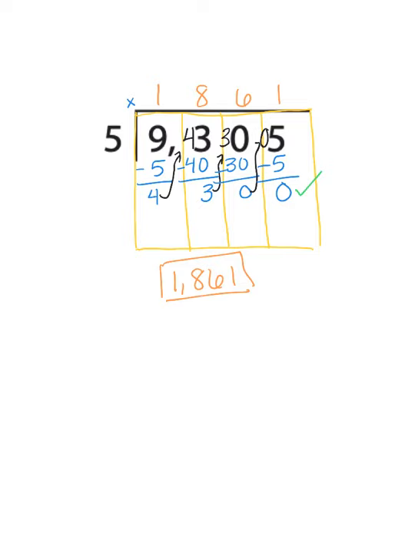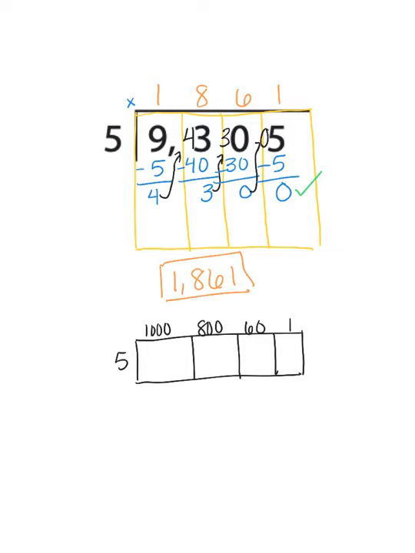To check my work, I would multiply 5 times 1,861, which is 5 times 1,860 and 1. So that's 5,000, 4,000, 305.